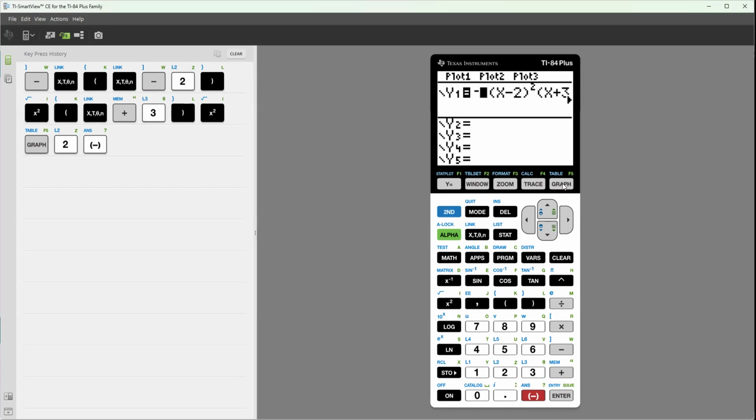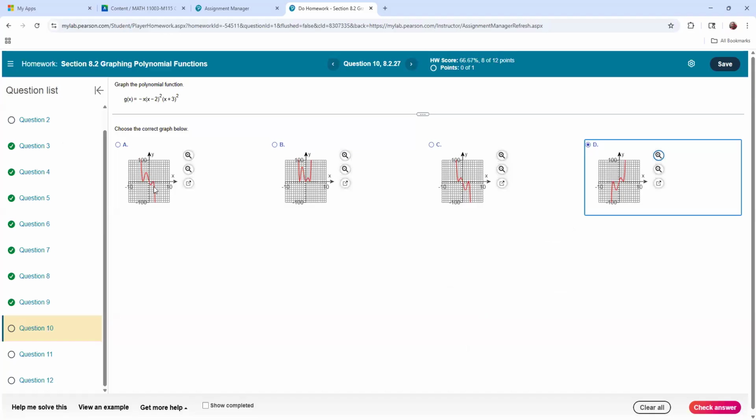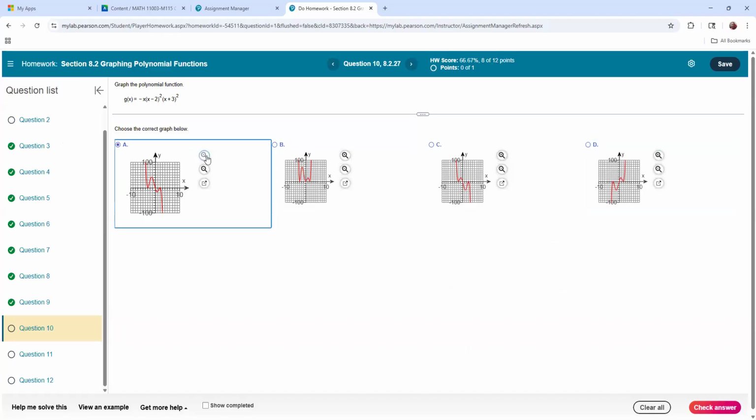All right, now let's hit the graph. So look, it's going downhill. It's touching at the negative 3 over here, and then touching at the positive 2 on the right side. All right, so let's see which one we're going with. So it looks like A, right?